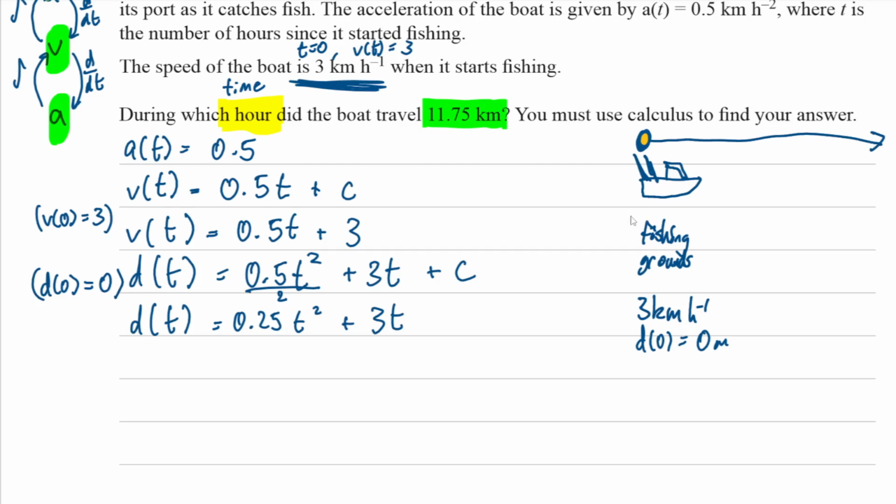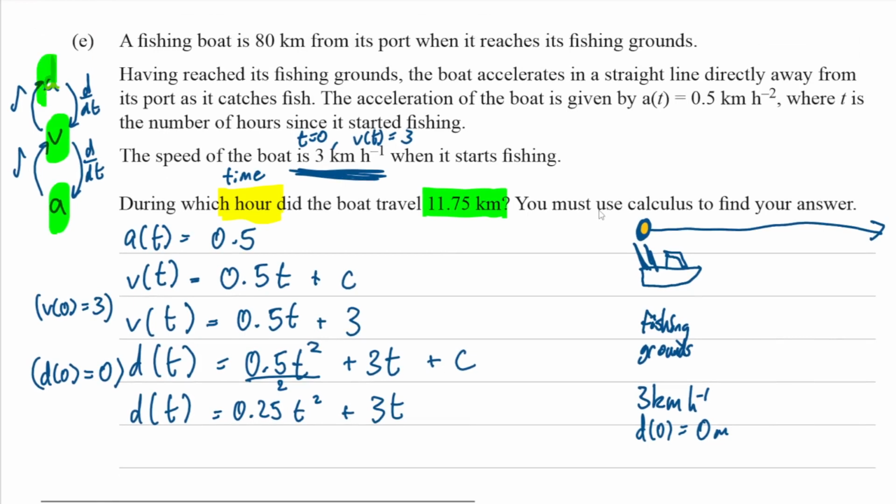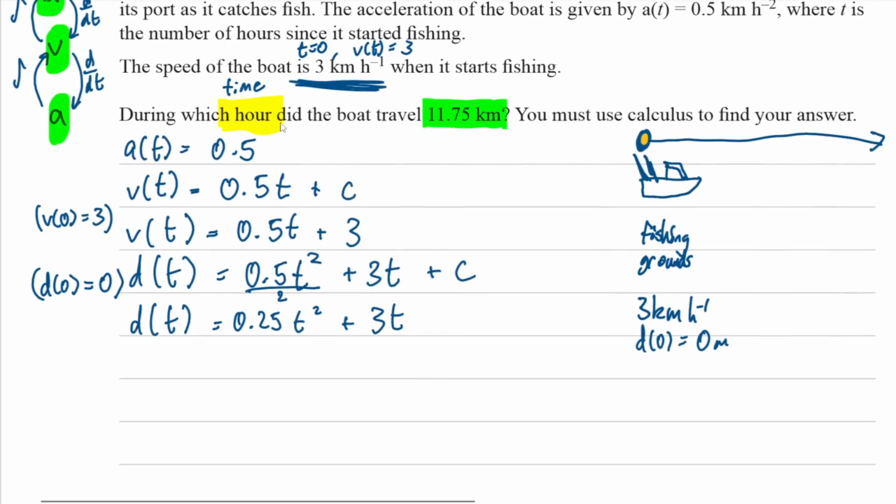So far, we have found the distance equation as 0.25 t squared plus 3t. Now what's next? Looking at the question, we're looking for an hour, an interval of time in which the boat has traveled 11.75 kilometers. Alright, so how are we going to find this?